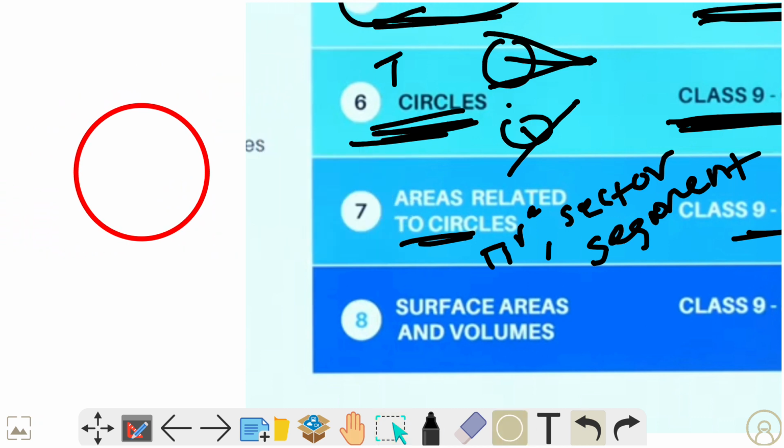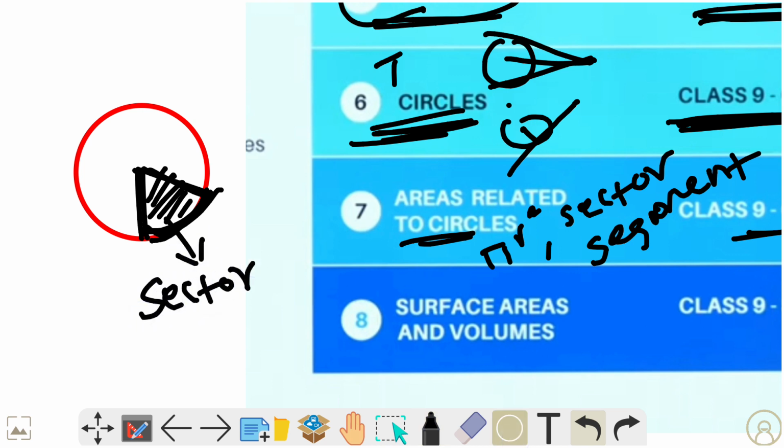So this is the center, two radii and one arc covering this region is called a sector.